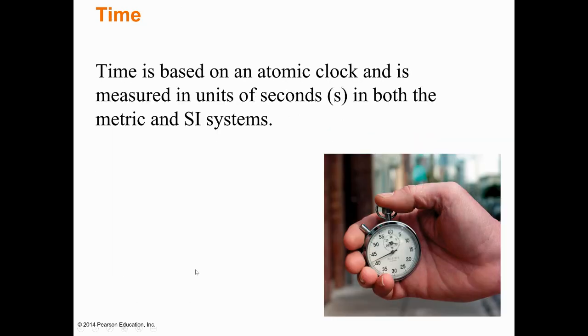Time is based on seconds. That doesn't mean that's the only unit of time there is. With a lot of chemical changes, we talk about how fast they happen. Seconds is very common, but it could also be hours, days, minutes. A good example of where time would come in would be the radioactive decay of, let's say, a sample of uranium. When we talk about how long a uranium sample might take to decay in radioactive chemistry, that could be 100 million years. So seconds isn't the appropriate unit.